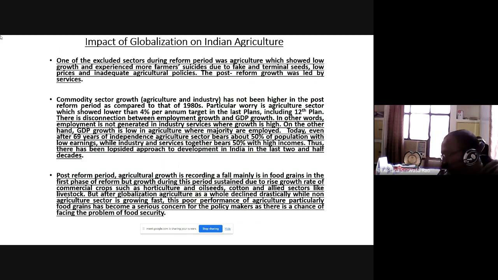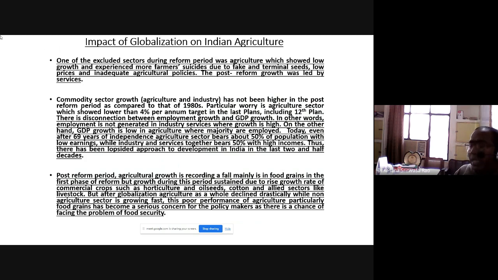Then another dimension we can see is globalization, as you all know very well. The globalization impact is also on Indian agriculture. Agriculture showed low growth and experienced more farmer suicides due to fake and terminator seeds, low prices, and inadequate agricultural policies.